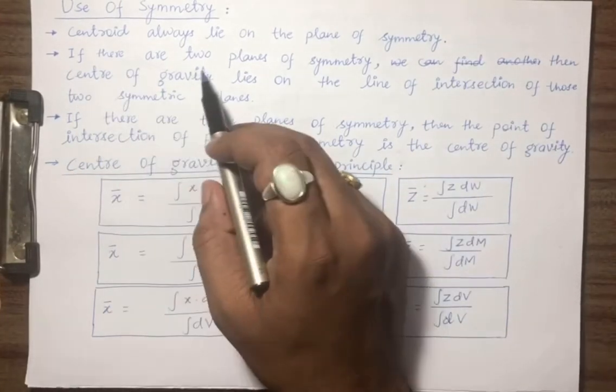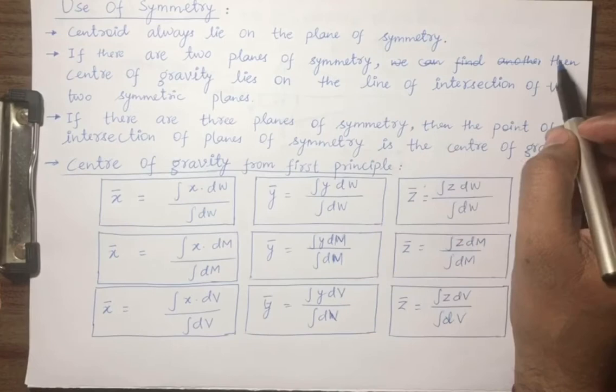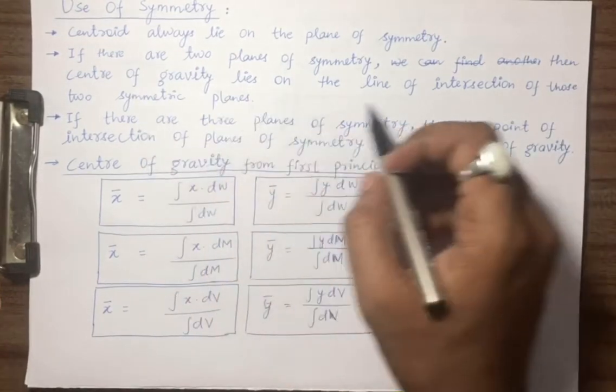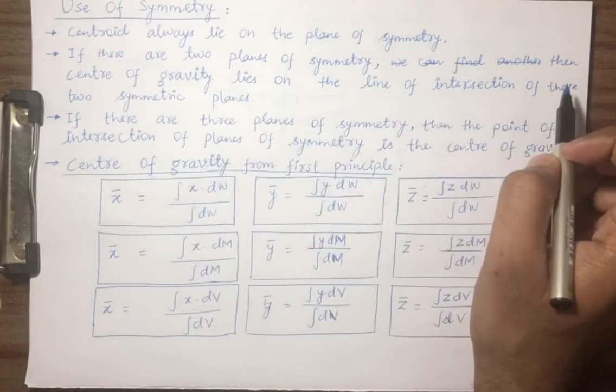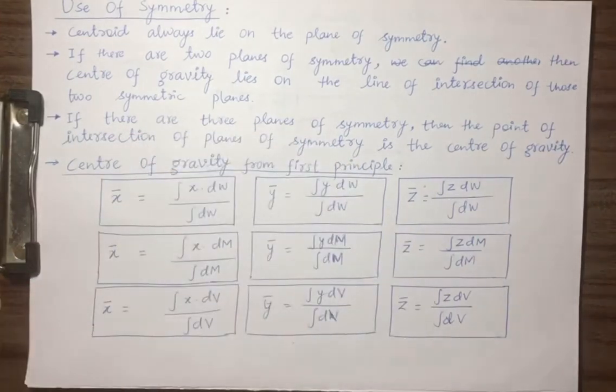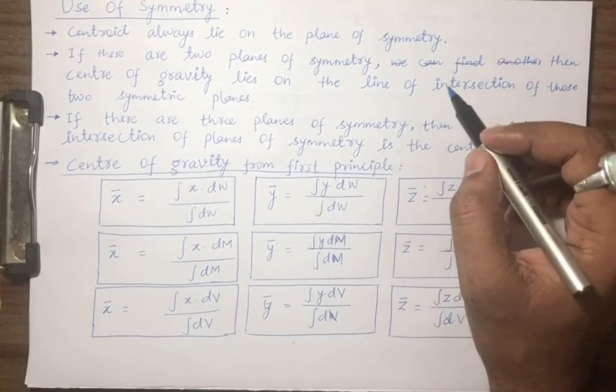If there are two planes of symmetry, then the center of gravity lies on the line of intersection of those two planes. If the body has only one symmetrical plane, the center of gravity will lie on that plane.